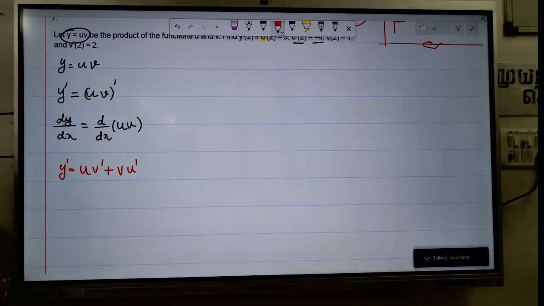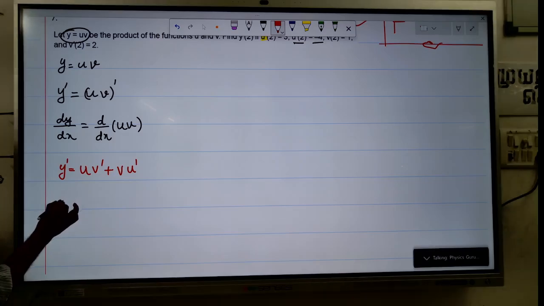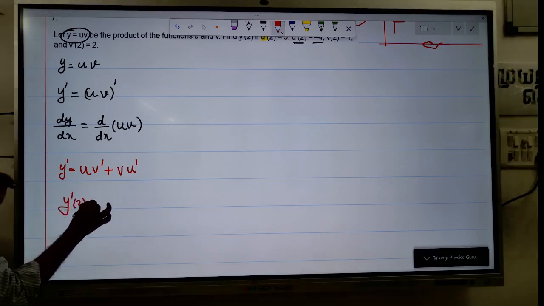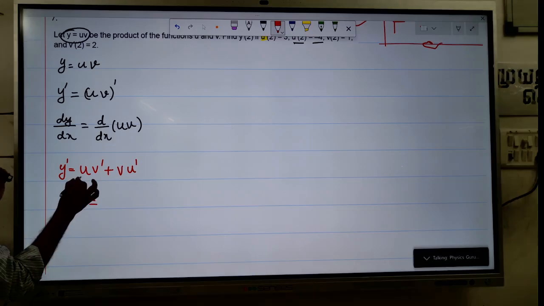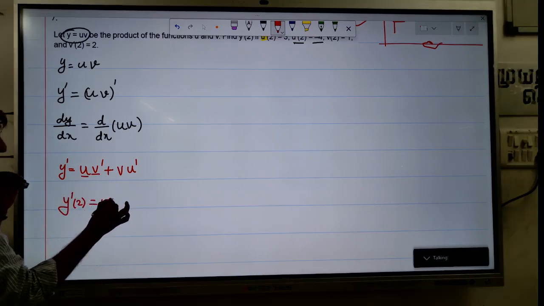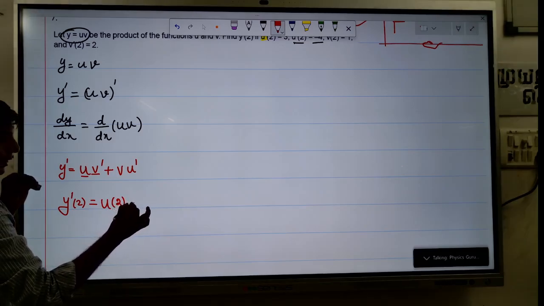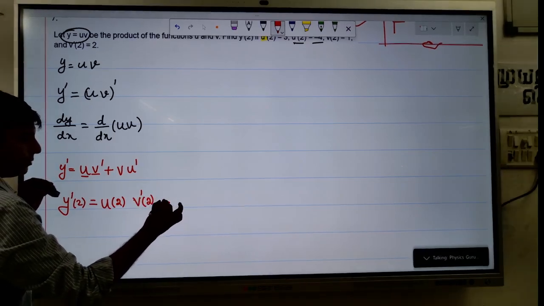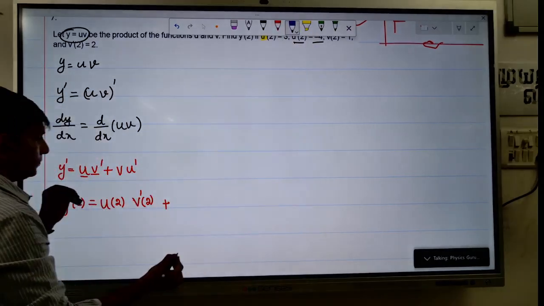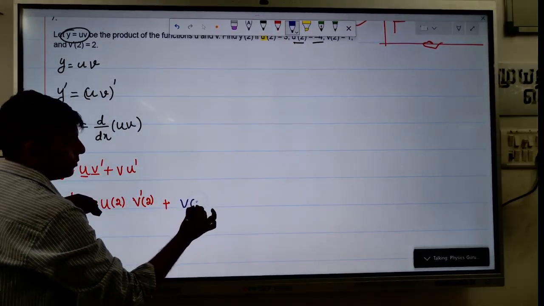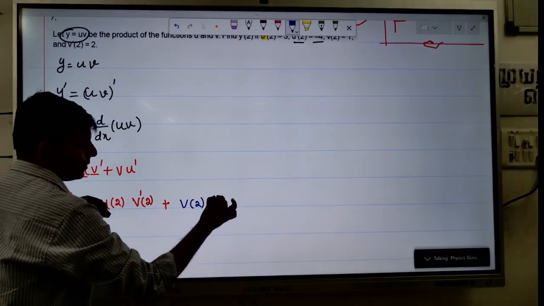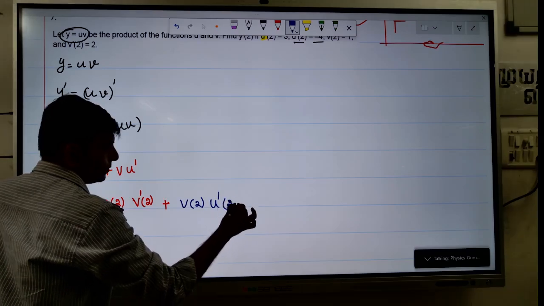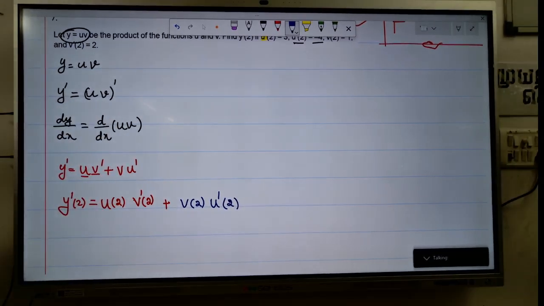Got it? Please wait. Here y prime of 2 is equal to, for each quantity I have to take the 2: u of 2 into v prime of 2 plus v of 2 and u prime of 2. Okay?